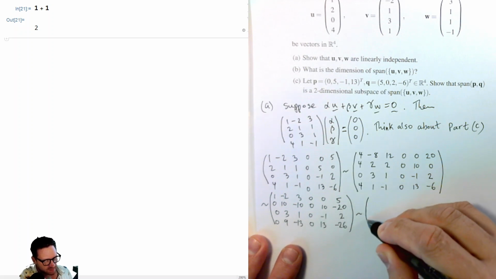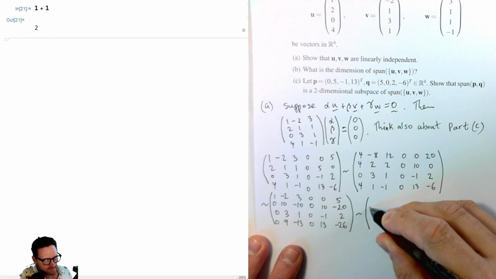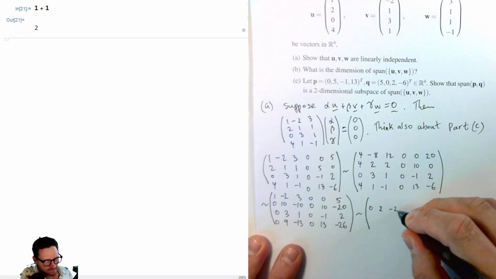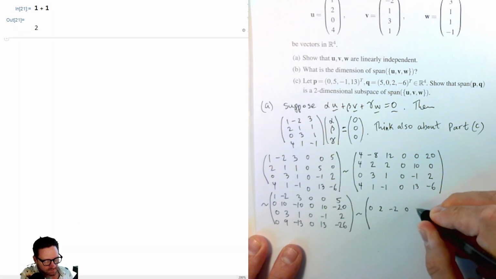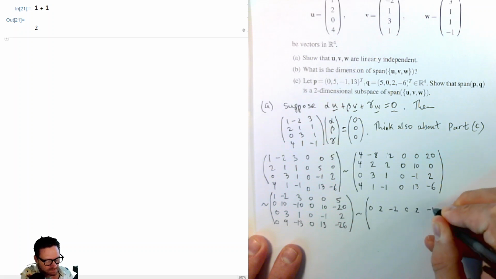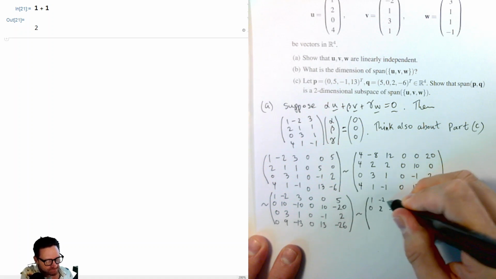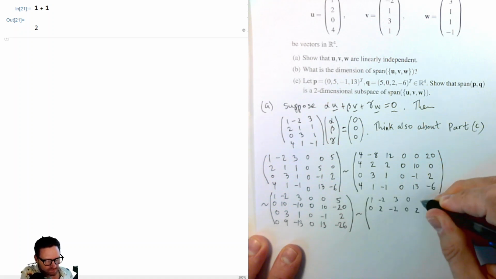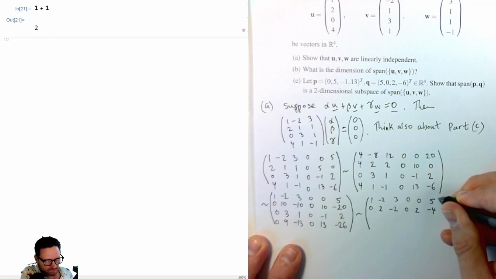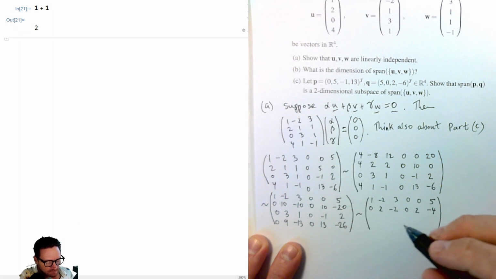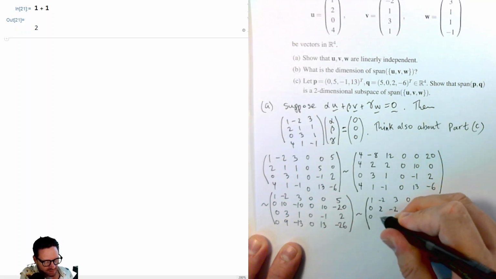In other words, divide it by 5. Keep the rest the same for now.